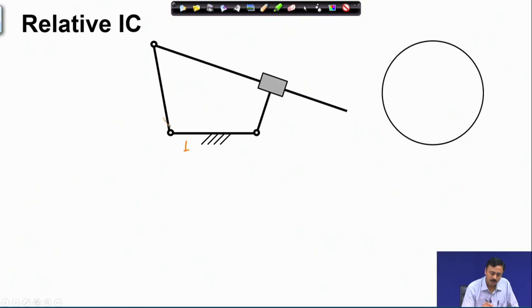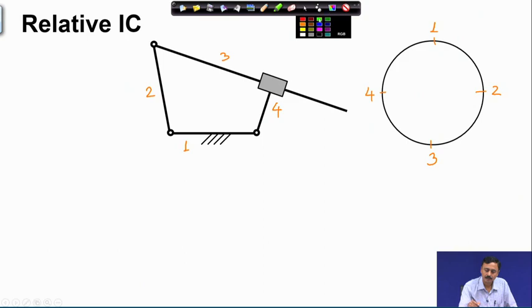So, let me number 1, 2, 3 and 4. So, there are 4 links, so 4 points on our circle diagram. I know the IC between 1 and 2.